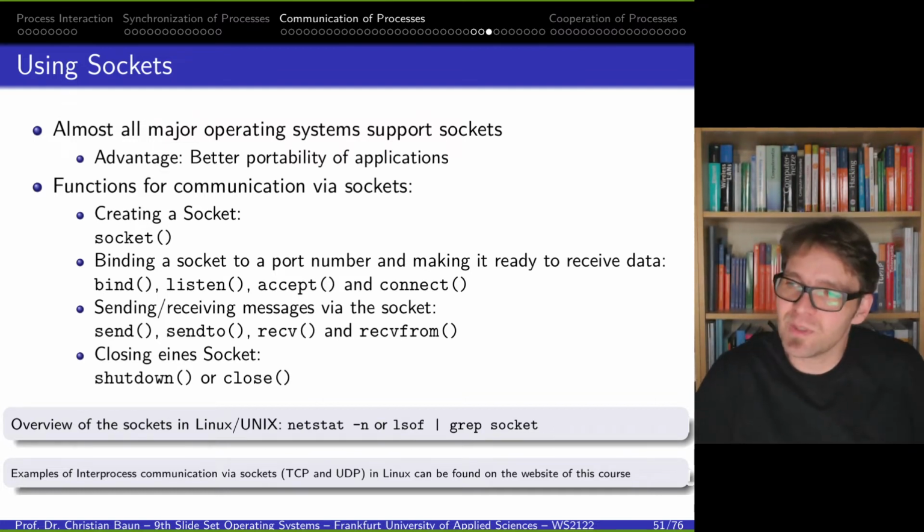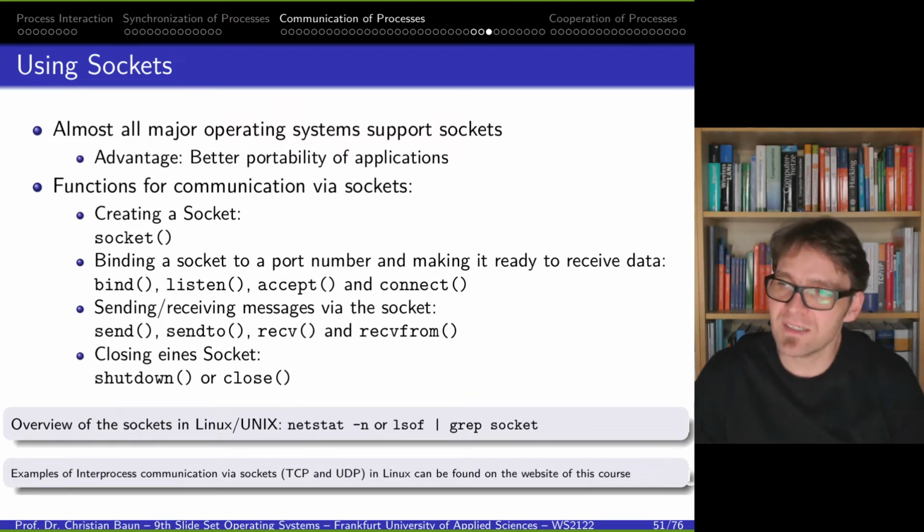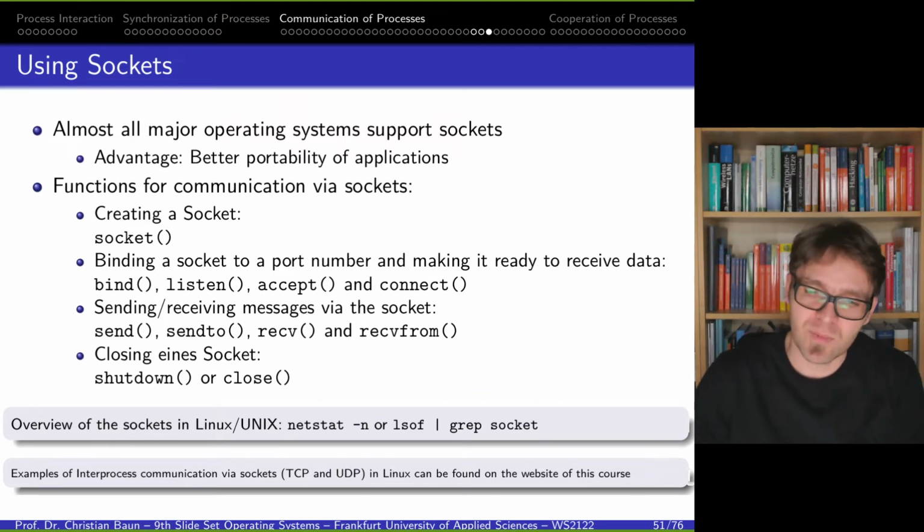We want to make the socket listen for incoming connection requests, and accept one of these, for connection establishment, and so on. Next, we have functions for exchanging messages, for sending and receiving, and some functions for closing sockets.